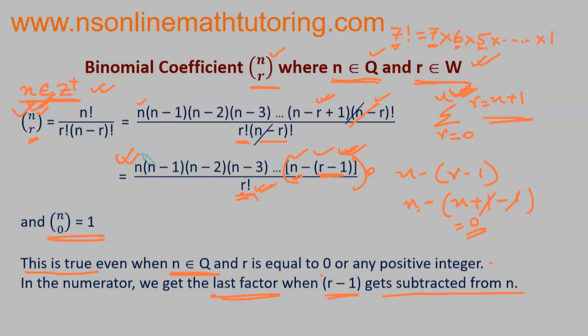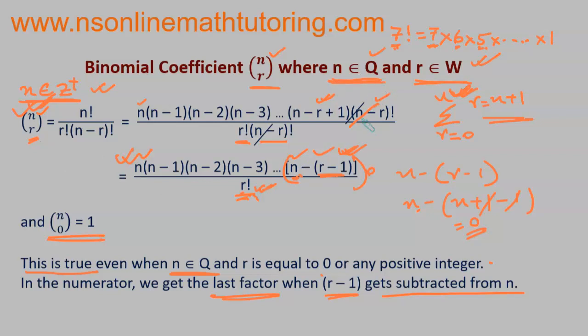In the numerator, it starts with n and goes on decreasing in steps of 1. The last factor will be n minus r minus 1, and in the denominator, it will be r factorial.